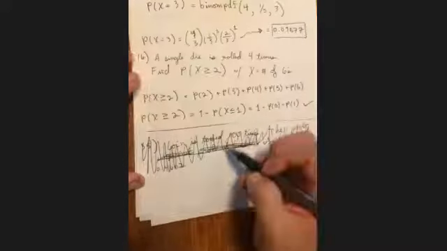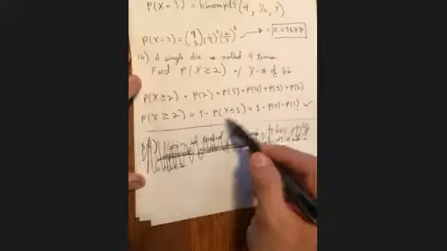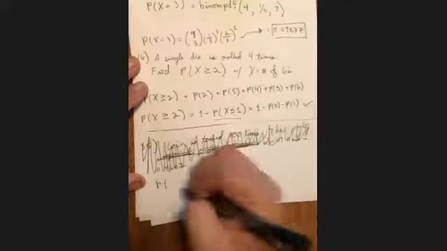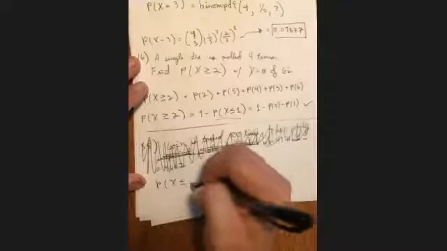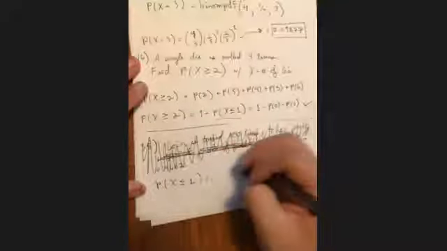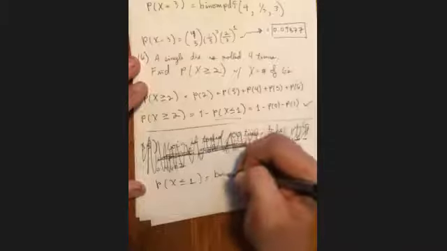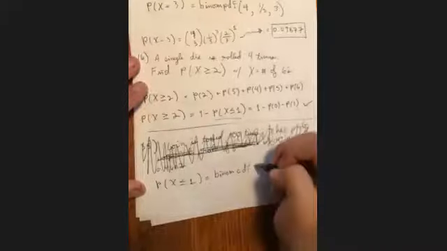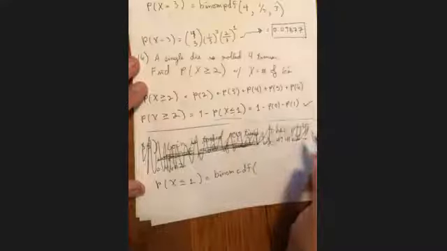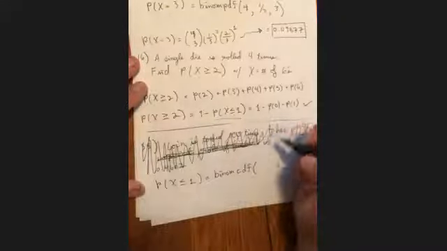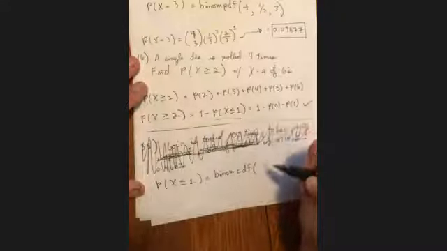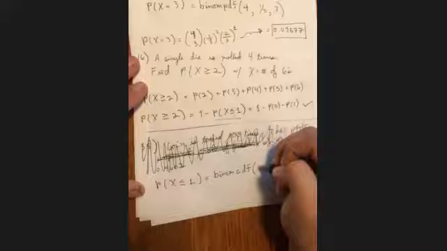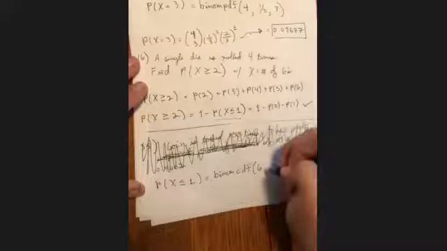To get this piece, the probability that x is less than or equal to 1, we're going to use the binom CDF function. Here this has the same inputs as before, n, p, k, but now the n, p, and k have all changed. So n is 6, there are 6 rolls.